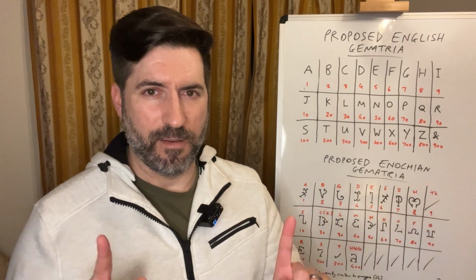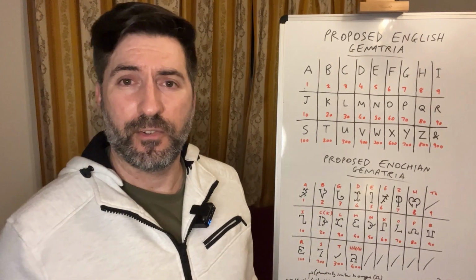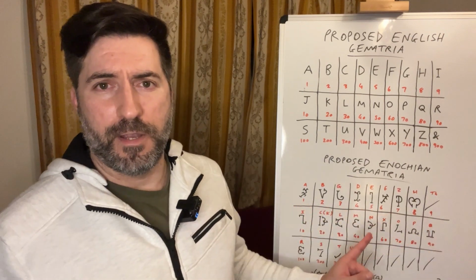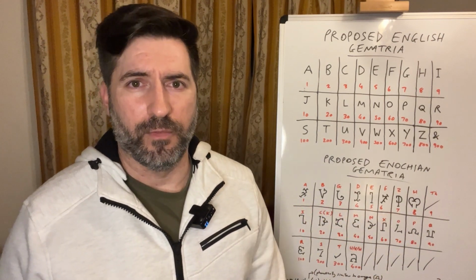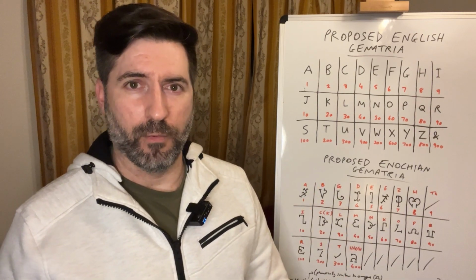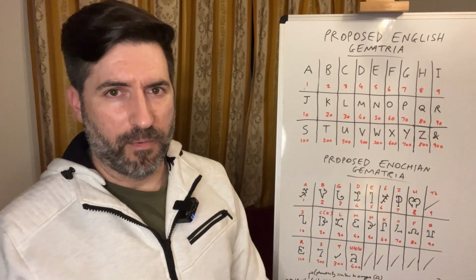And I'll get into that in a minute because it's fascinating. But first of all, let's see where it takes us if we just number the Enochian letters the same as we would number their Greek equivalents, given that structurally there's more similarities in that respect. What we arrive at is this set of number values.